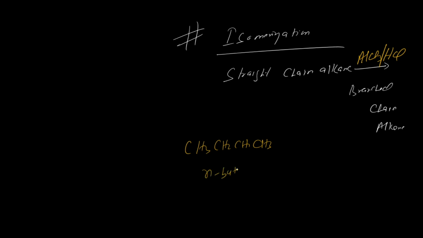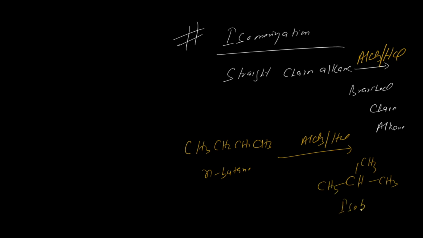N-butane in the presence of AlCl3 and HCl gives CH3CH(CH3)CH3, which is isobutane. We have got it.